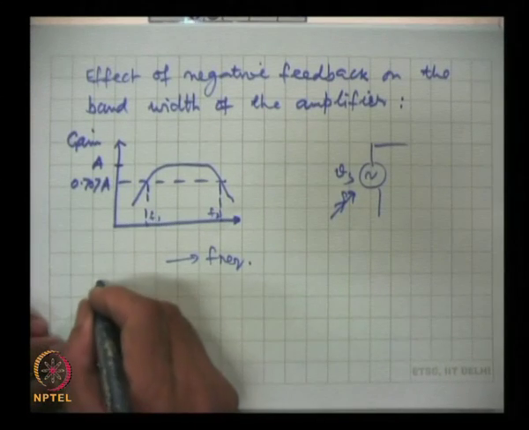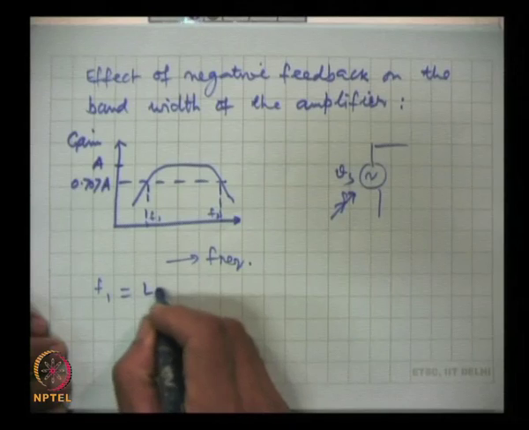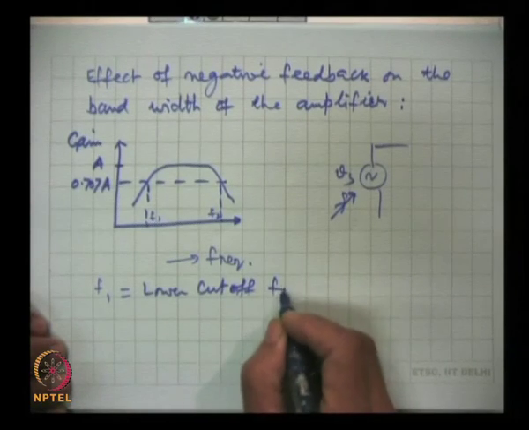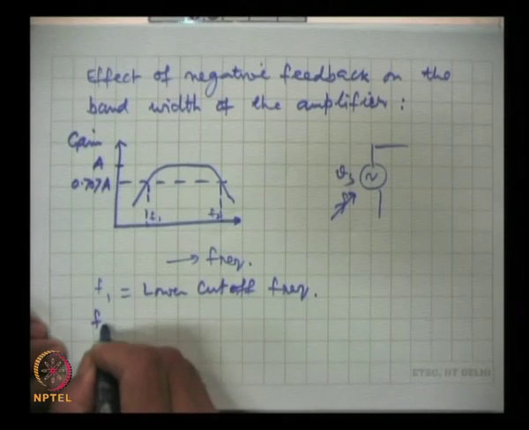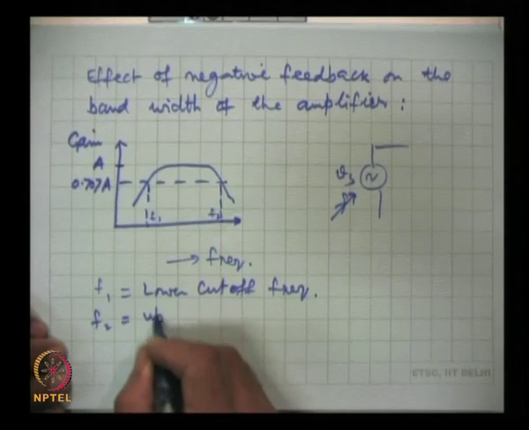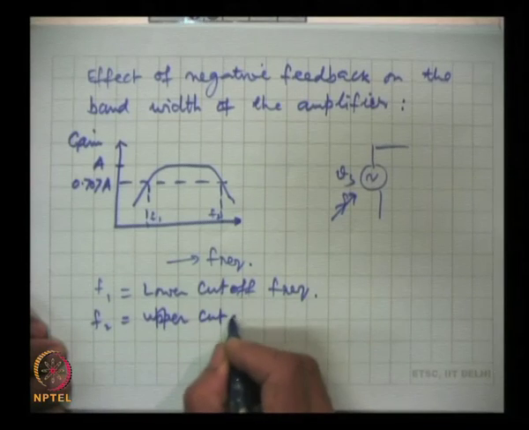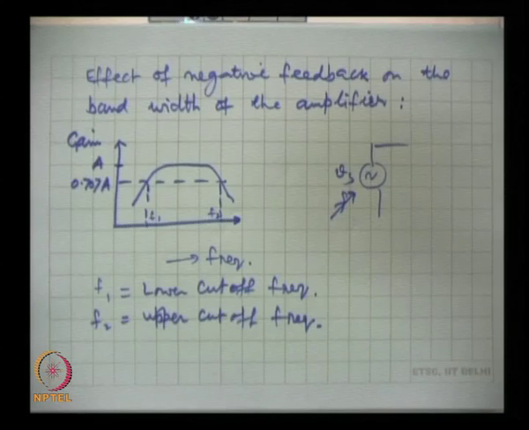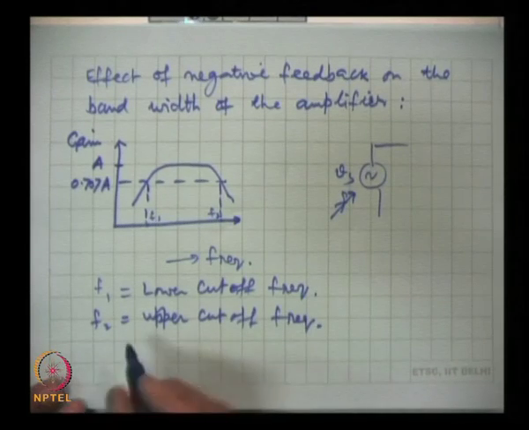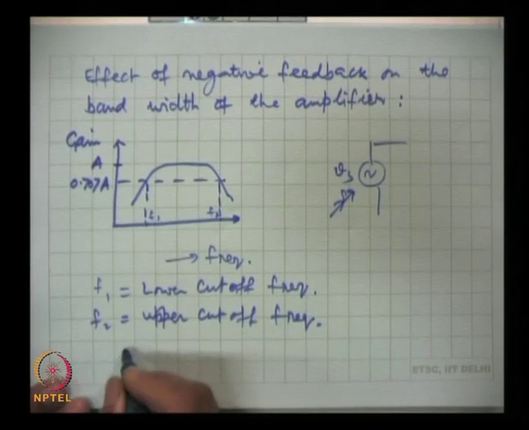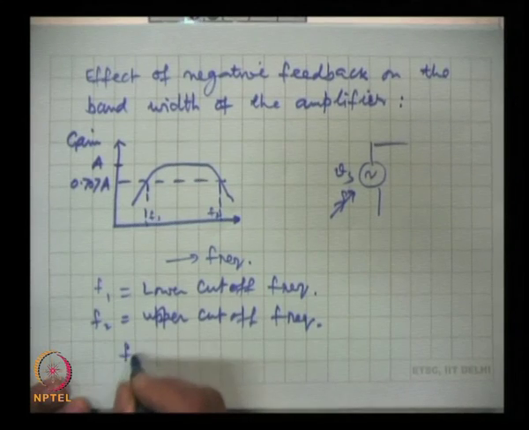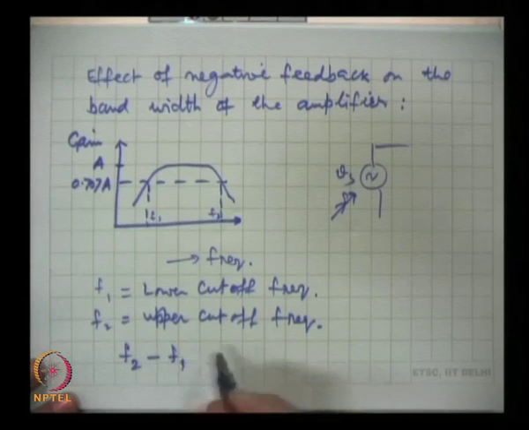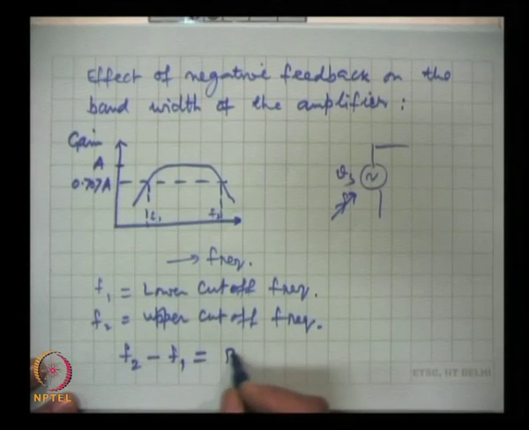Lower F1 is called lower cutoff frequency, and F2 is upper cutoff frequency. Now, the difference of these two frequencies, F2 minus F1, this is called bandwidth.